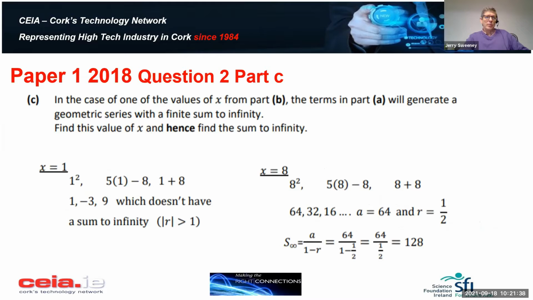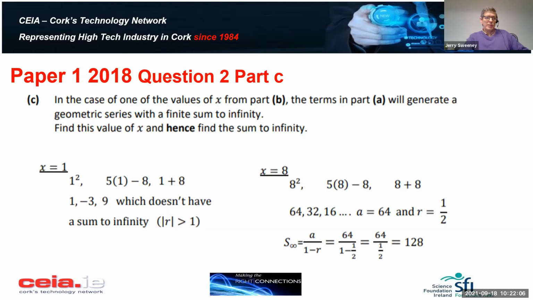And what we can do then is we can start looking at the geometric series, first for x equals 1, and we have the first 3 terms from the definition earlier. So the first term is x squared, the second term is 5 times x minus 8, and the next one is x plus 8.